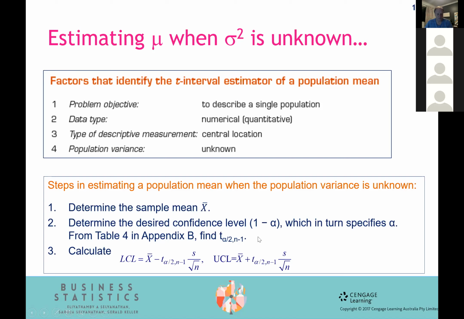Determine the desired confidence level, typically 95% or 90%, which in turn specifies alpha. So if it's 90%, alpha is 10%. If it's 95%, alpha is 5%. And then look up alpha divided by 2, n minus 1 if you want to do it. And then just do a calculation for the lower confidence limit and the upper confidence limit.